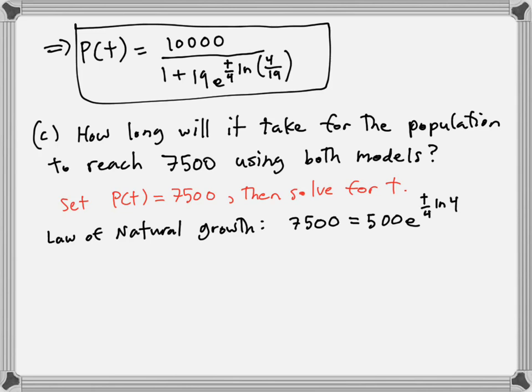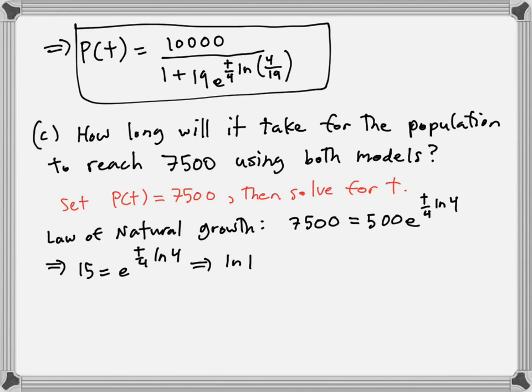If we divide both sides by 500, using a calculator here, I get 15. We end up with 15 is equal to e to the t over 4 ln of 4. Take the natural log of both sides.